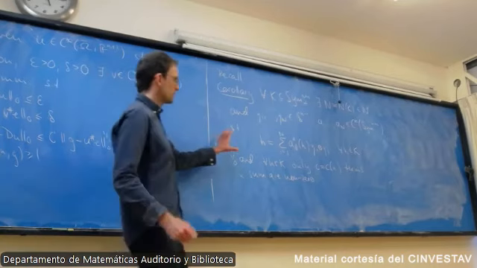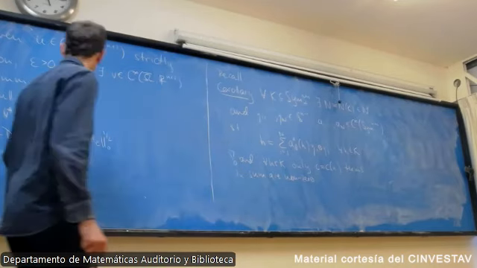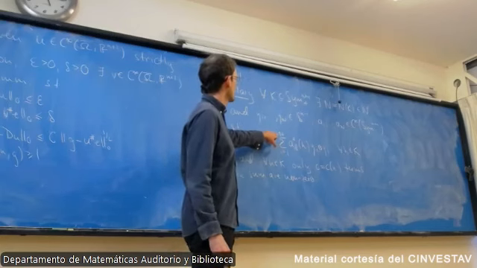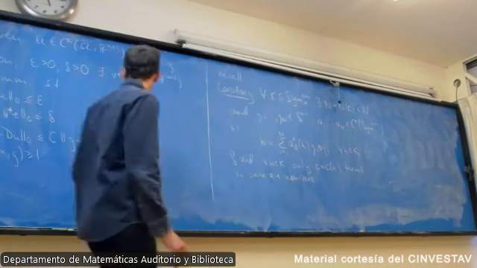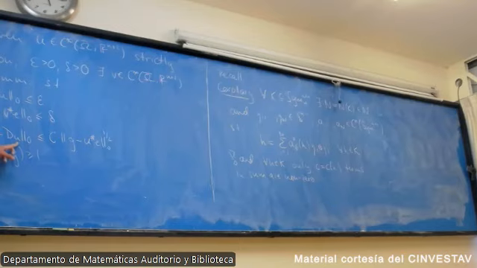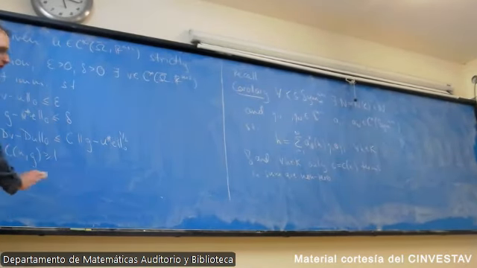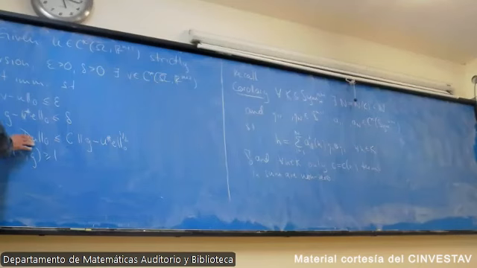Otherwise, the constant will depend on big N, and big N depends on K, and K will depend on U. So in the end you get a constant which depends on U, and this is really bad if you want to show that this sequence converges or is Cauchy in C1.